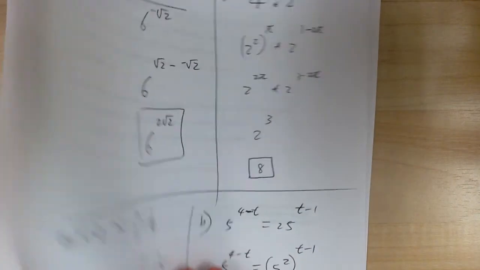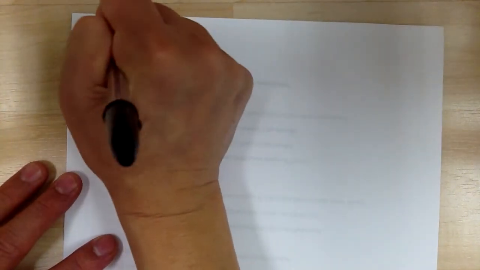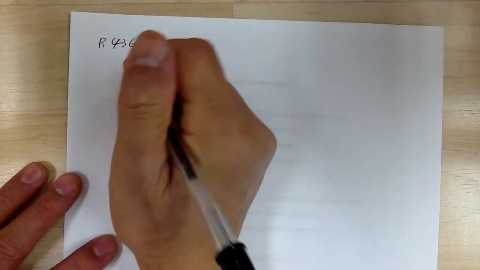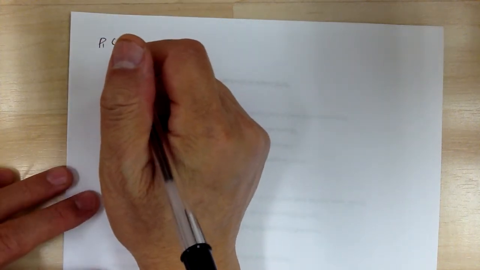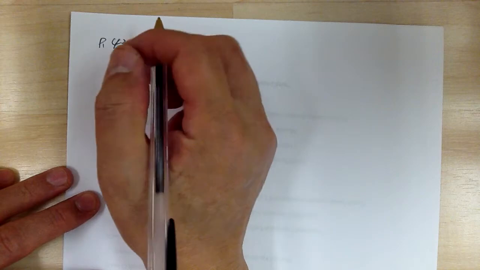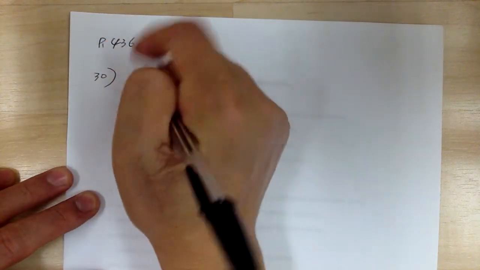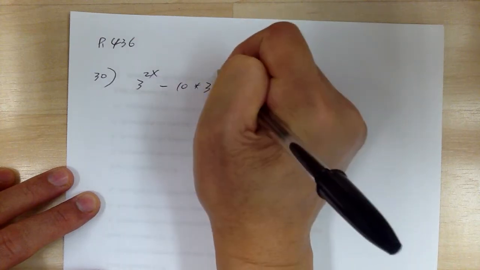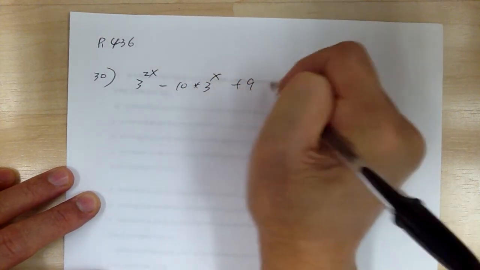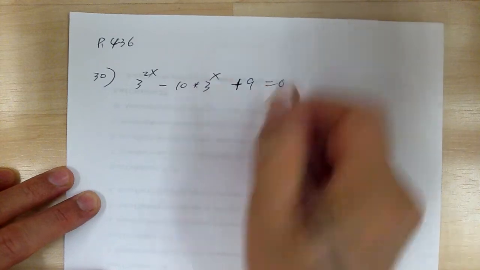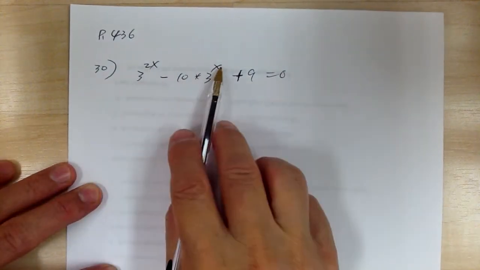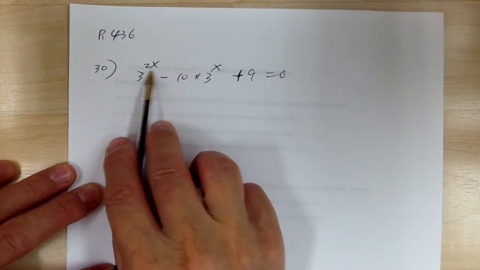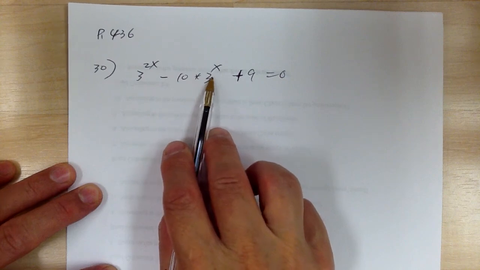Now, let's go to page 436, and let's go to number 30. So you got 3 to the 2x minus 10 times 3 to the x plus 9 equal to 0. You have to recognize that when one exponent is twice the other, this term is the square of that term.